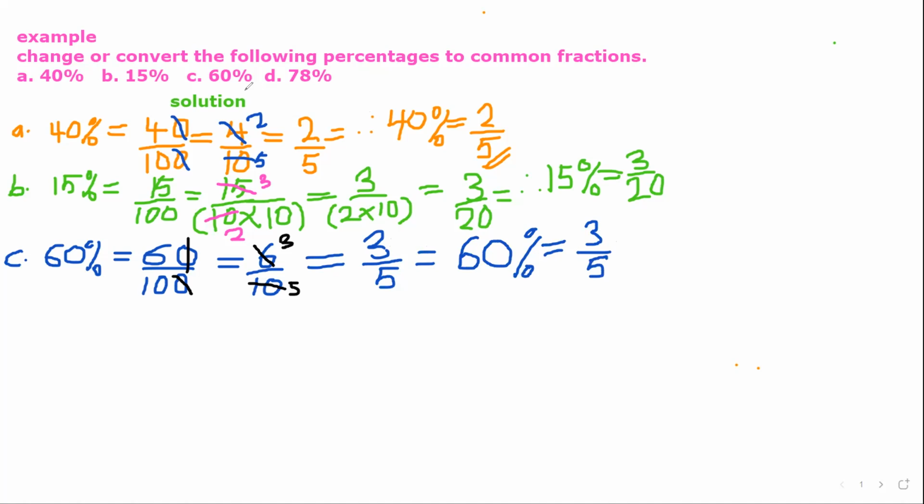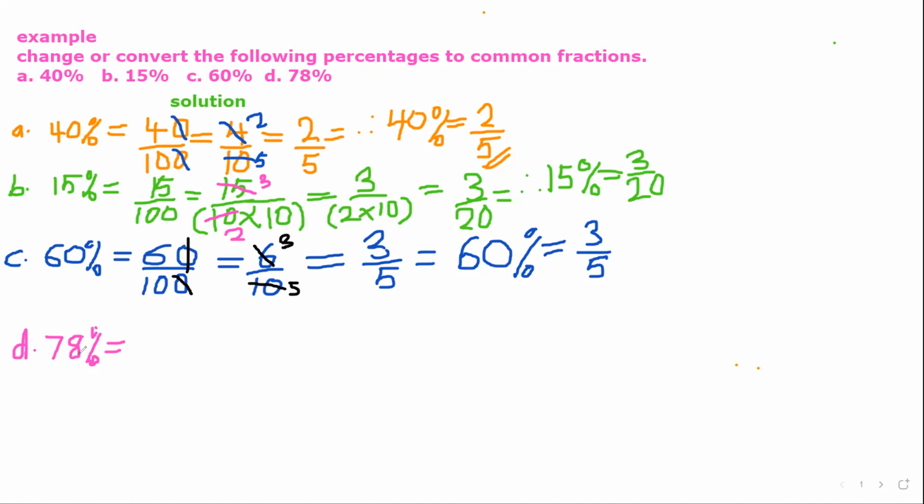Now, the last one, which is the D. The D is 78%. 78% means what? 78 out of 100.